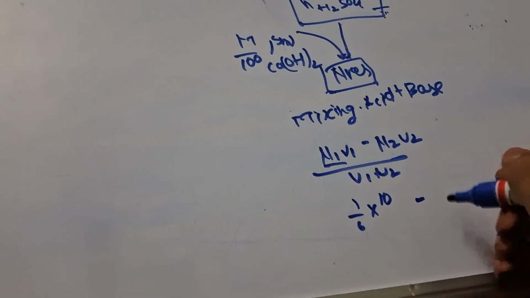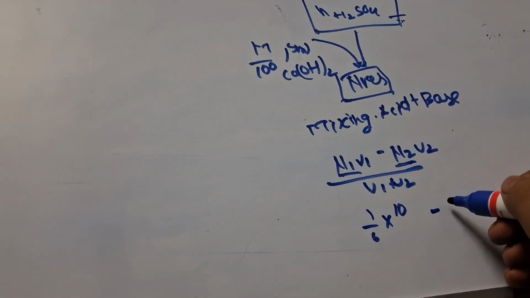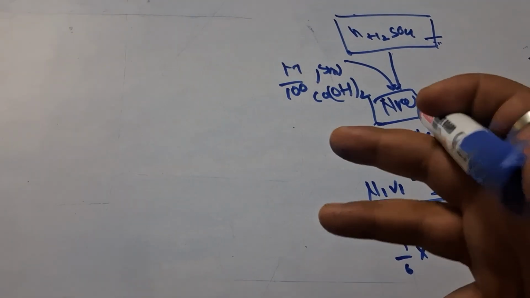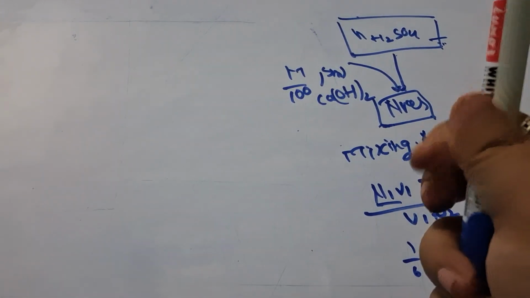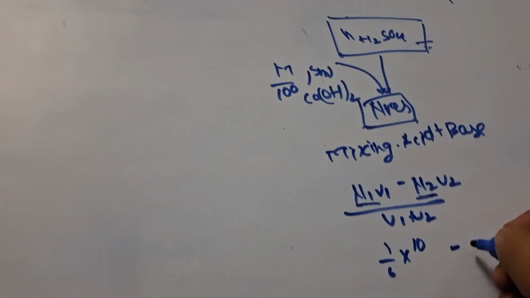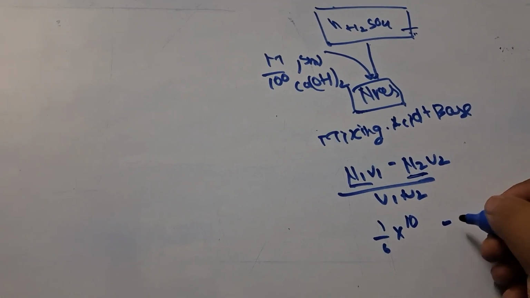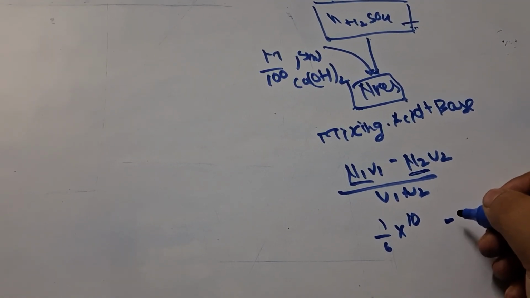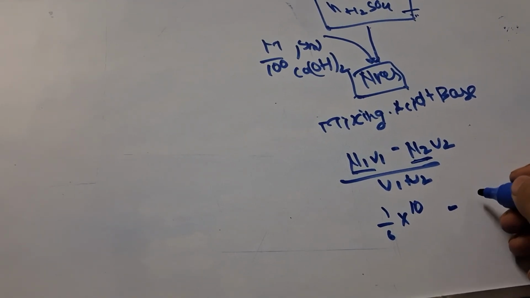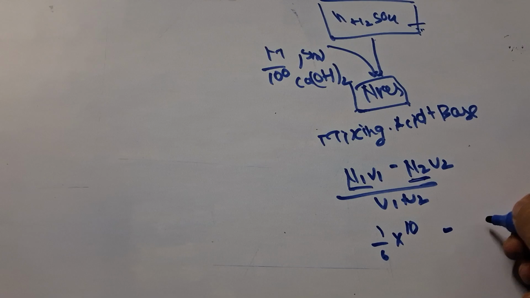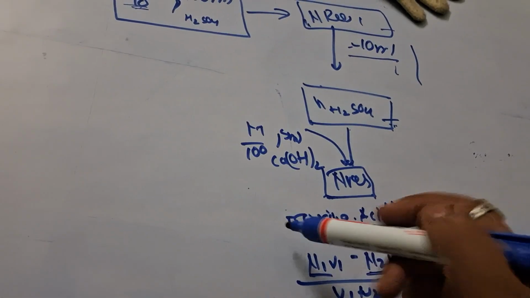Minus, what is the normality of 2? This normality is 1 by 100, right? Or am I wrong? Anyways, what is N2?